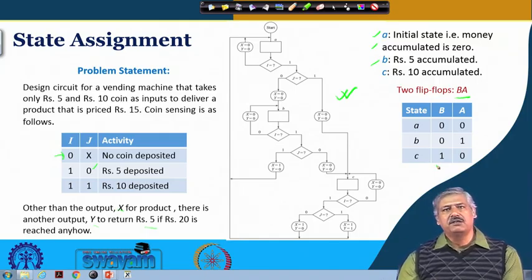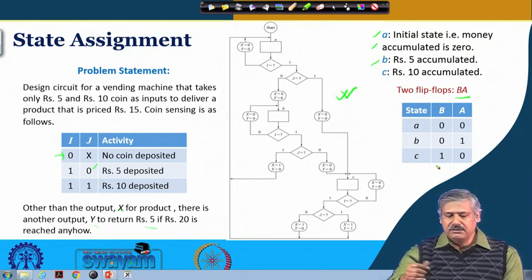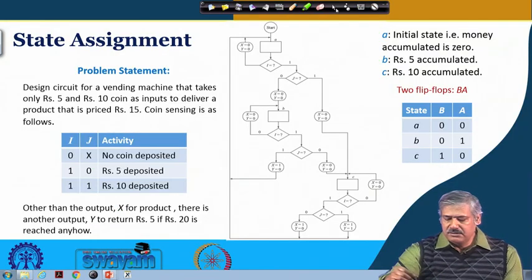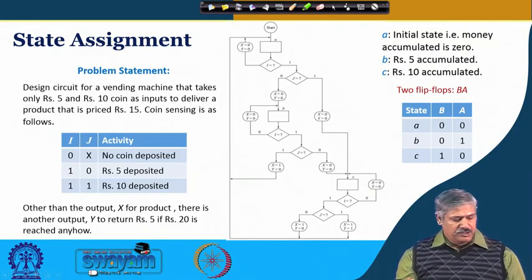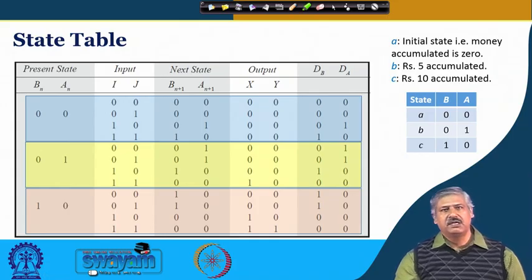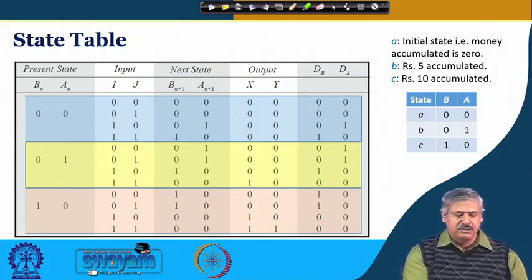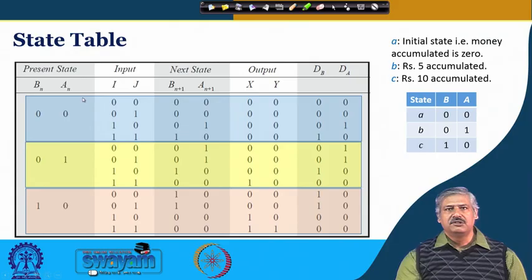So the next important task is to move from the ASM chart to the state table, okay. For every state that has been defined, when BA is 0 0, it is state A, okay. In state A there are 4 possibilities at the input side: IJ is 0 0, 0 1, 1 0 and 1 1, okay.